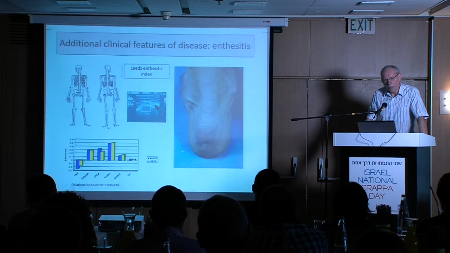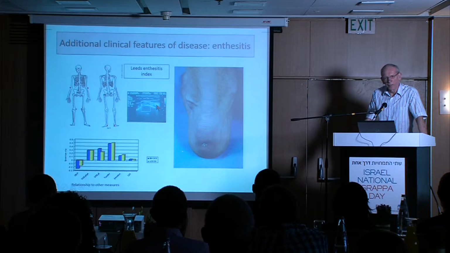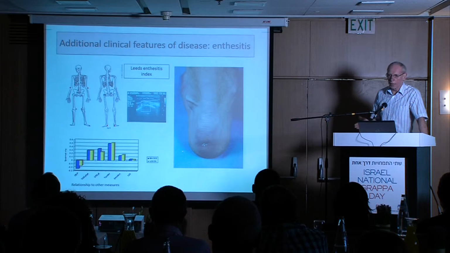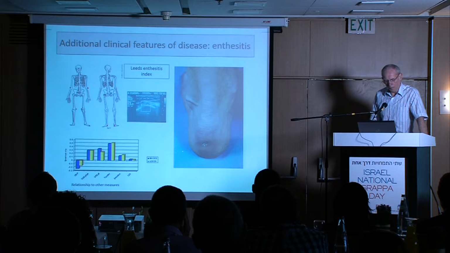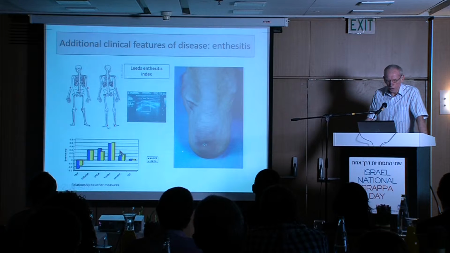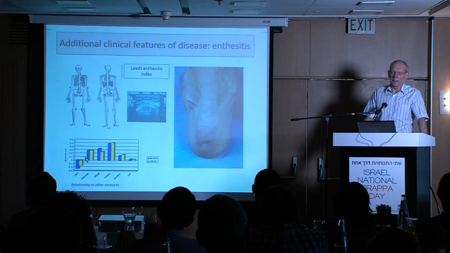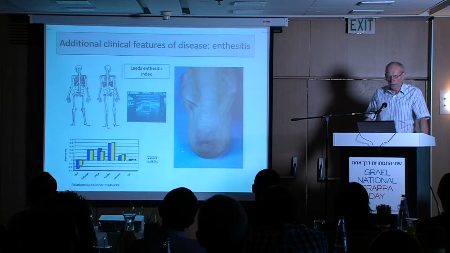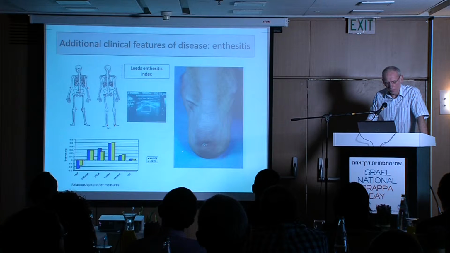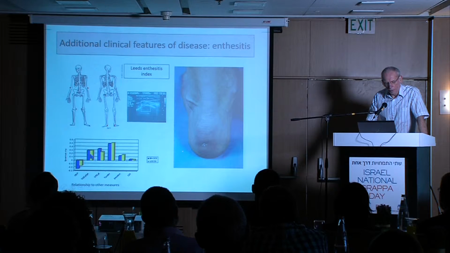And if you take ultrasound as a gold standard of enthesitis, there's very little relationship between clinical and ultrasound assessment. Furthermore, if you look at the relationship between enthesitis counts and other measures of disease activity, there's also a poor relationship. In fact, there's an inverse relationship between CRP and enthesitis counts, and very poor, these are Spearman's rho values, correlation between the global scores and the swollen joint count.